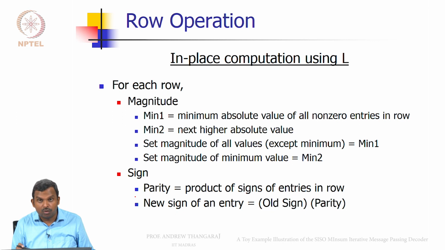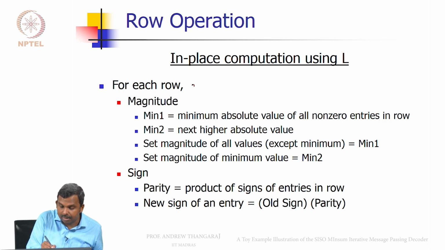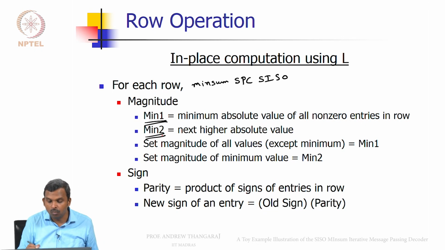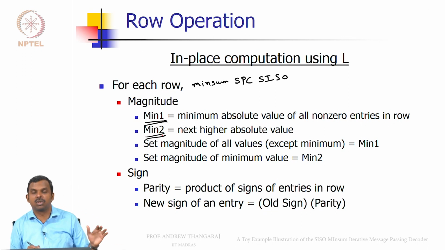If you remember correctly, for each row I have to do a min-sum SPC SISO decoder. It involves finding the 2 minima. You find the least absolute value among the non-zero values in that row and the next least absolute value.